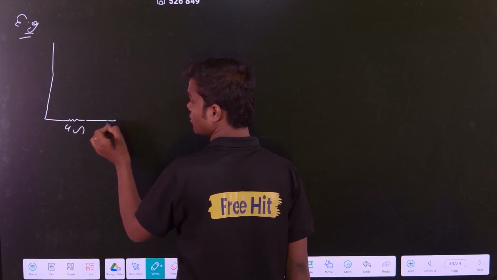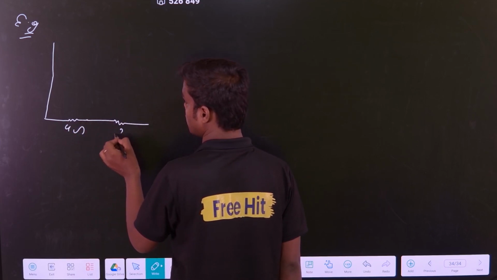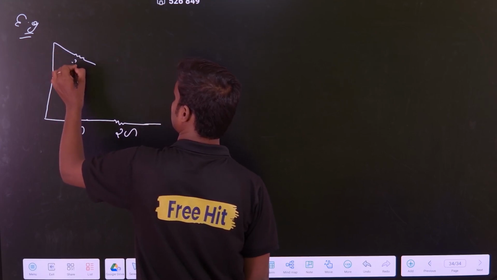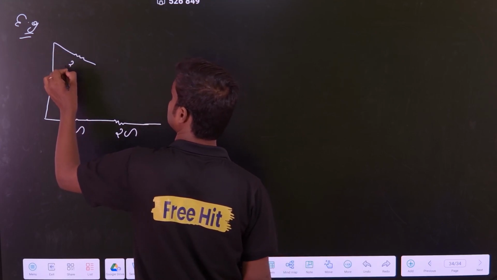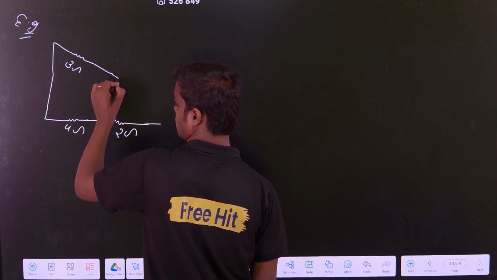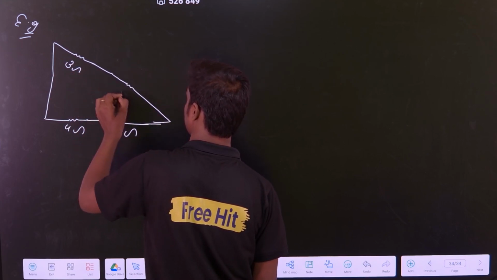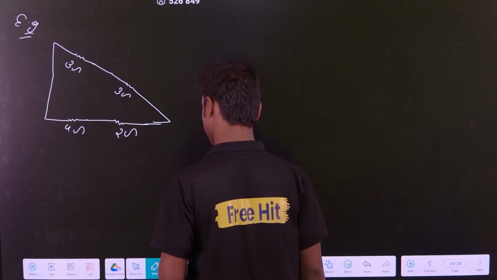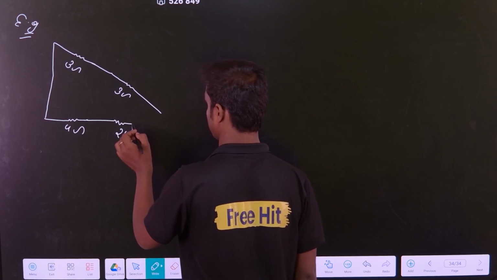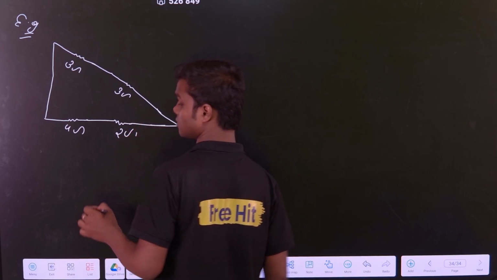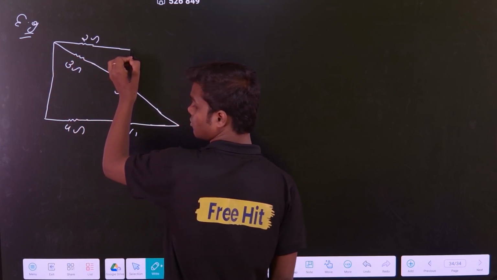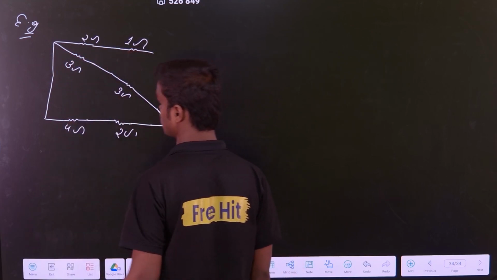This is my 4 ohm. This is 2 ohm. Take this as a 3 ohm. This is 2 ohm. This is 1 ohm.